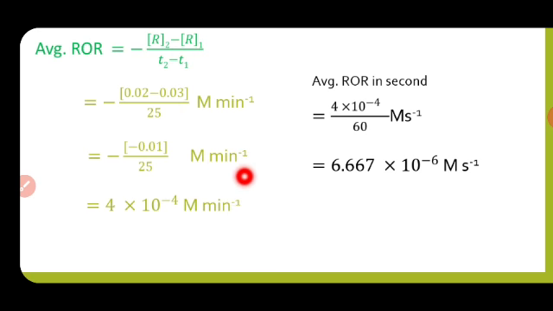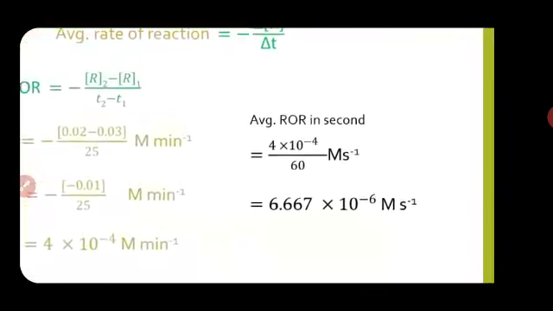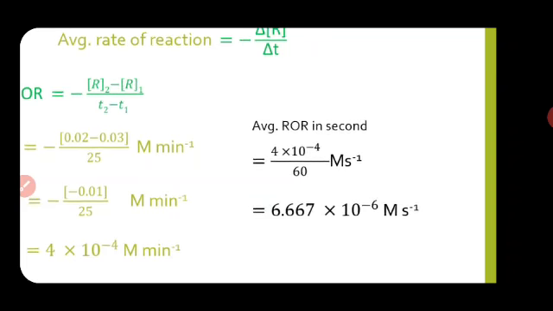Now this is in minutes, but in the given problem the average rate is asked to be calculated in seconds also. So to calculate it in seconds, we have to again divide by 60. So 4 into 10 to the power minus 4 divided by 60 will come as 6.667 into 10 to the power minus 6 molar per second.